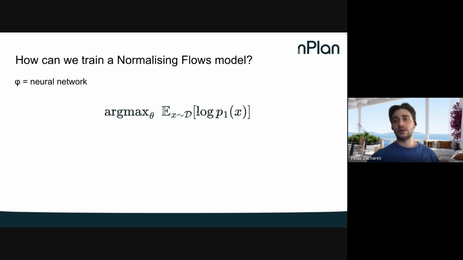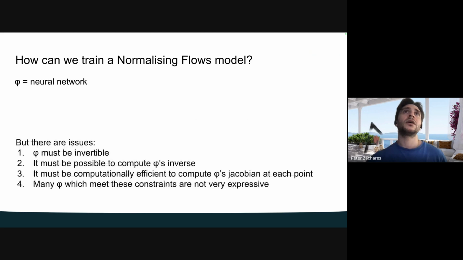So you transform each point in your distribution to this new simpler distribution, and then you maximize the likelihood. Hope that makes sense. So that's one way, transform and maximize likelihood, as opposed to often with generative modeling where you're just maximizing likelihood.